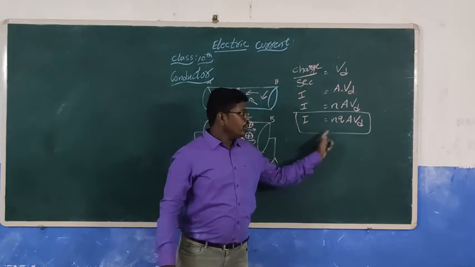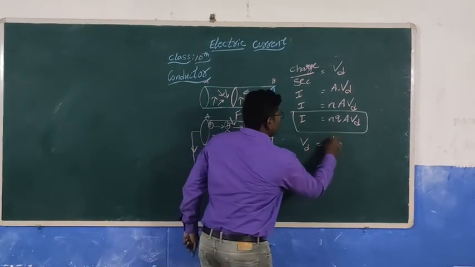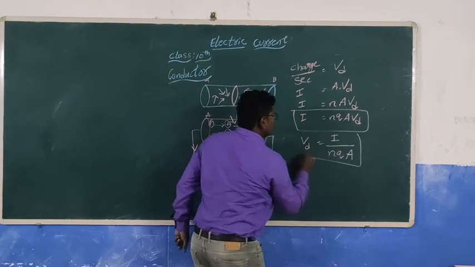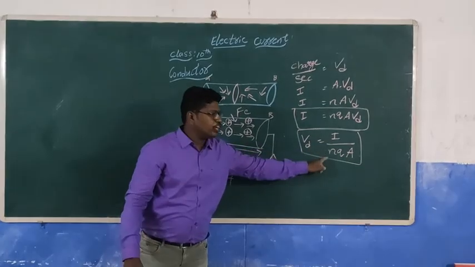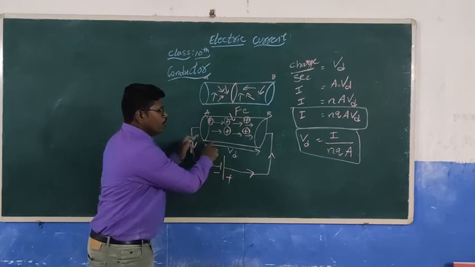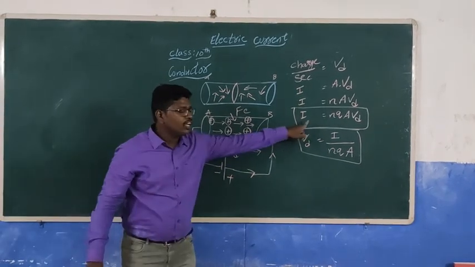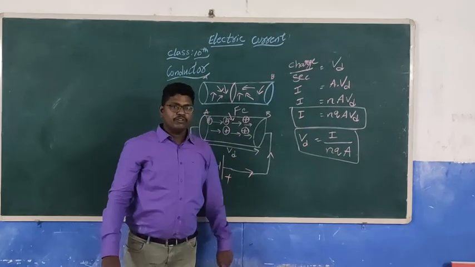According to this, Vd equals I by NQA. So from this, what you understand is how we can decide the direction of current according to the equation I equal to NQA Vd.